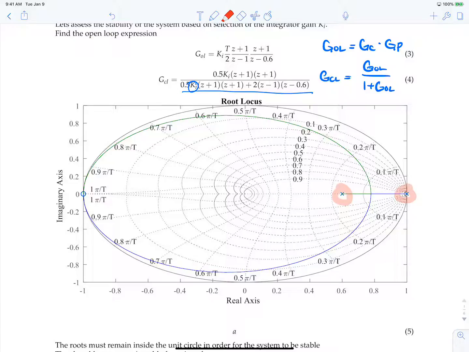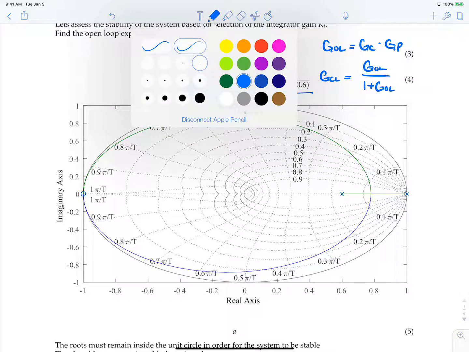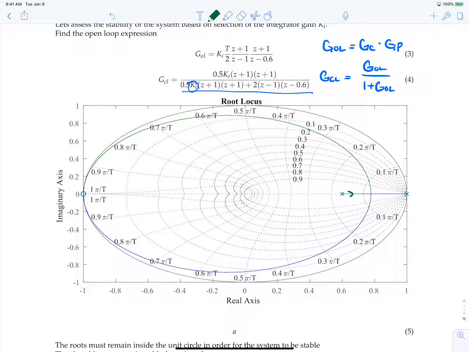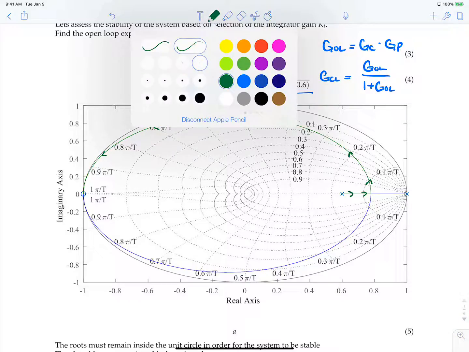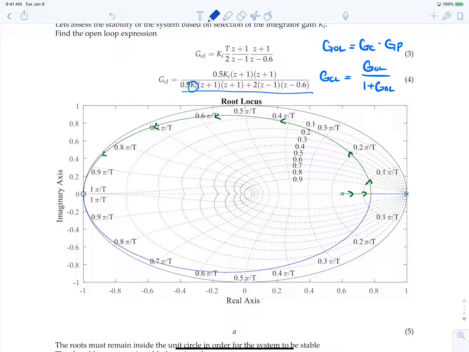As we increase Ki, the roots are going to move. For instance, this root will move this way, this way, and keep going like this, all the way to over here. And vice versa, the other root will start over here at 1 and move inwards, and then they'll meet, and then it'll go this way as you're increasing Ki.